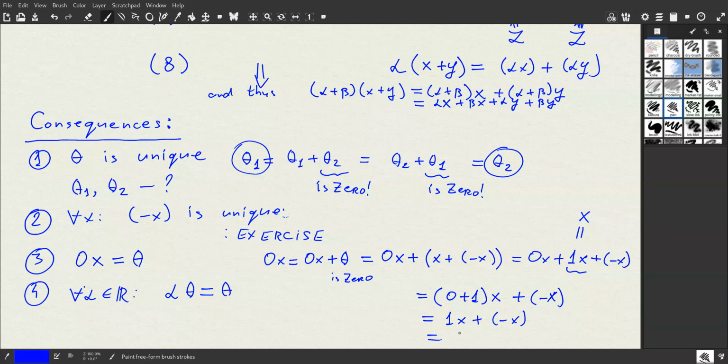And 1x is x plus minus x. And we know again by axiom that x plus minus x is theta. So now we have proved that 0x is theta. What a wonderful achievement. By the way, have a look at this.